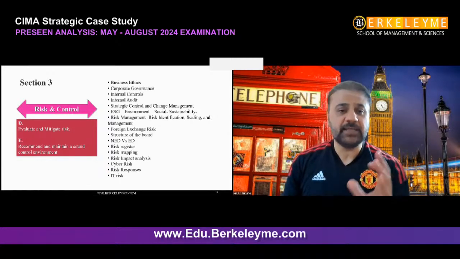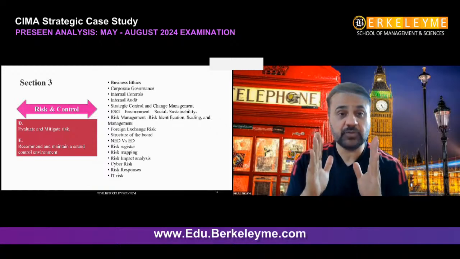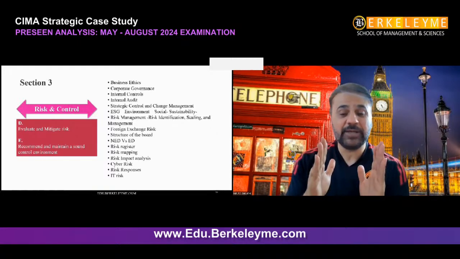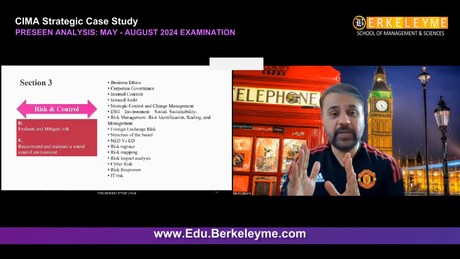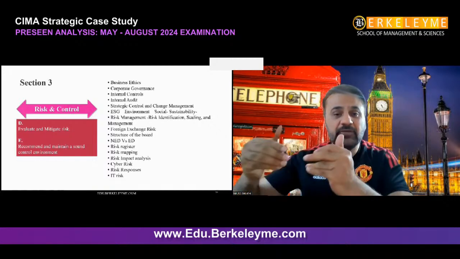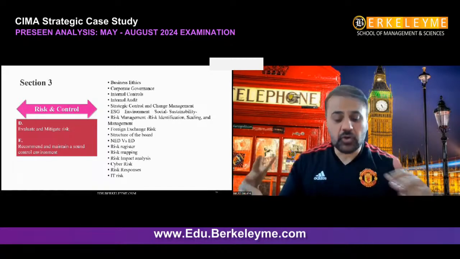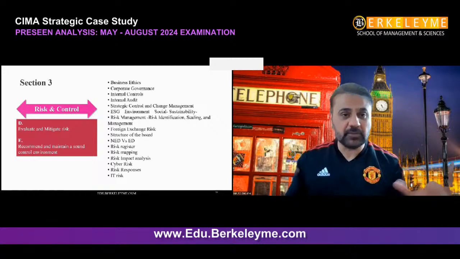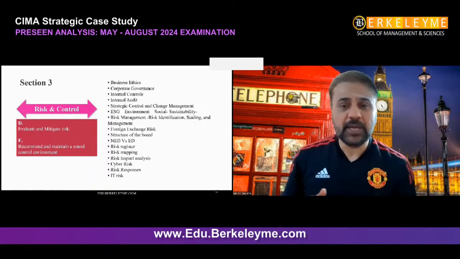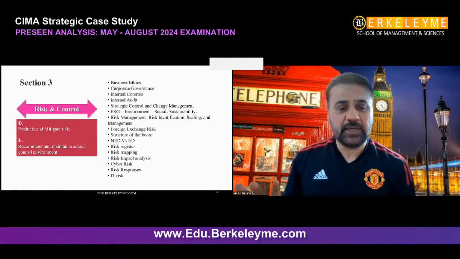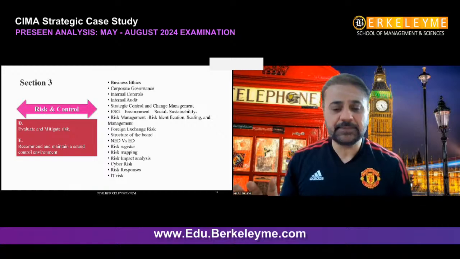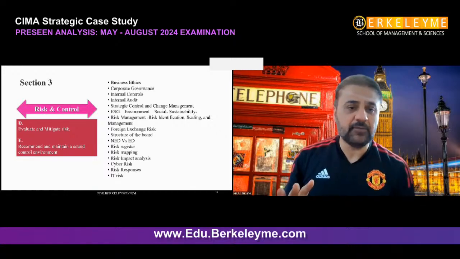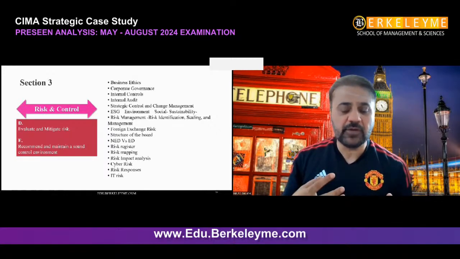Being a strategic manager, first of all, you should know whether you are in compliance with the code of corporate governance or not. Now, what is the code of corporate governance? We'll study. In America, we have Sarbanes-Oxley, and in England, we have the UK Code of Governance.